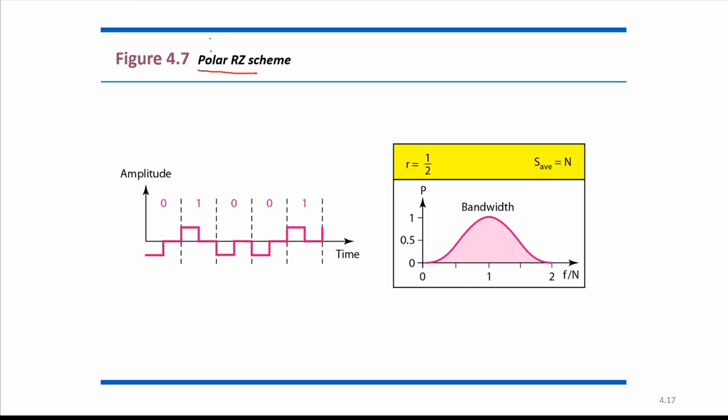The next one is polar RZ. First of all, polar means it will have both positive and negative voltages, and it is returning to 0. Returning to 0 means whenever it does a transition, it returns to 0 within one data element.